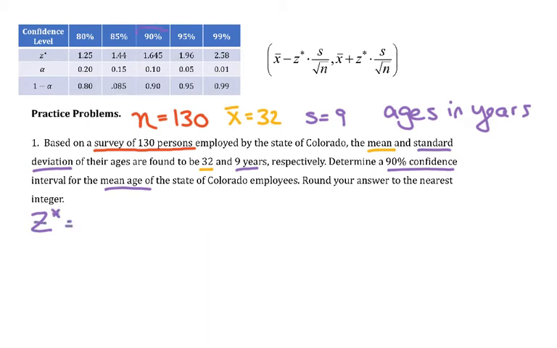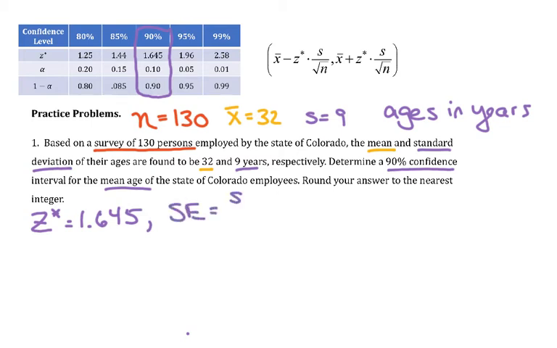You go to your handy dandy table here. This is the column we're interested in. This will equal 1.645. Okay, so this is how I like to do it. I like to calculate my standard error.